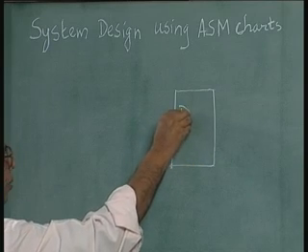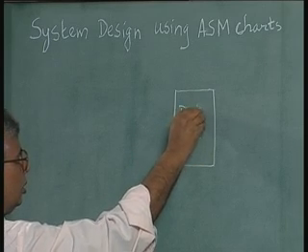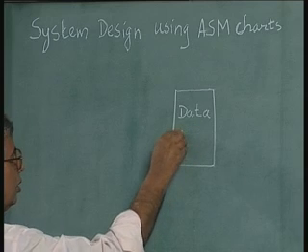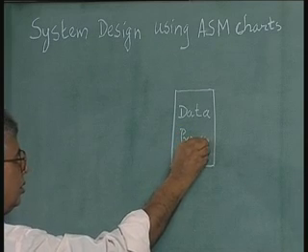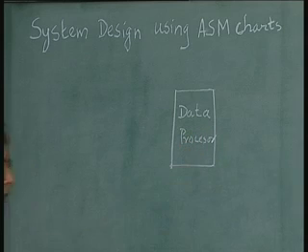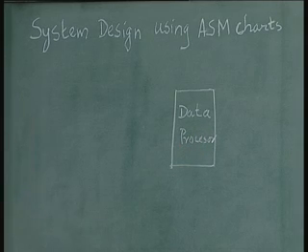Some people call it data processor. This name came because most of the digital design was originally meant for computers. So, we call it data processor, but we can also call it architecture.